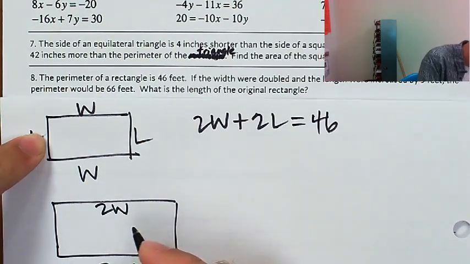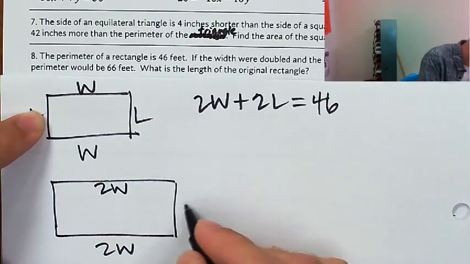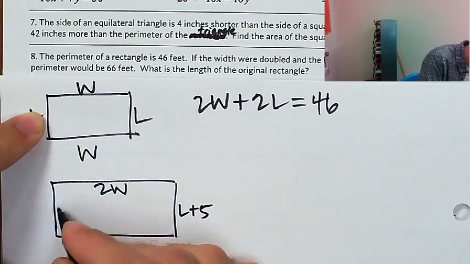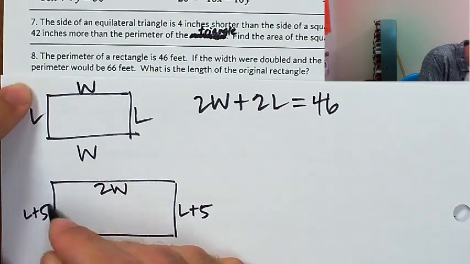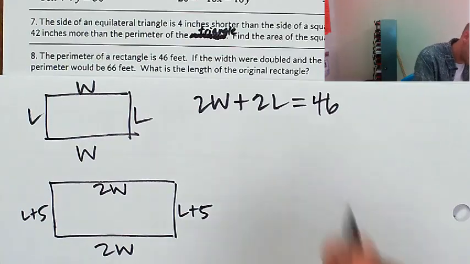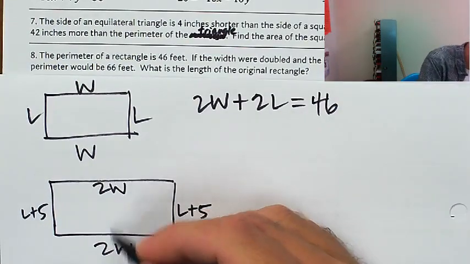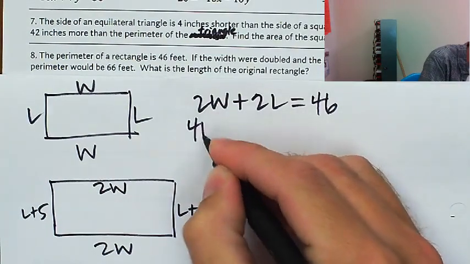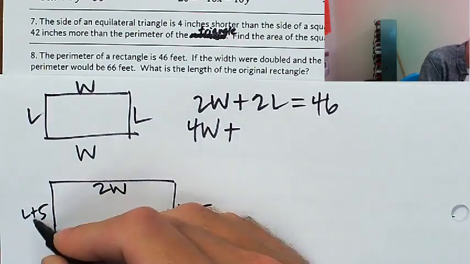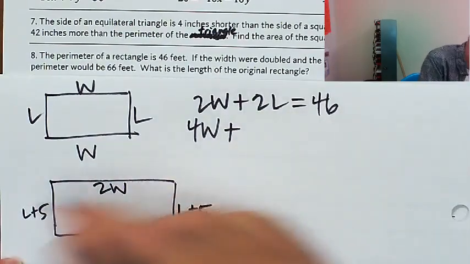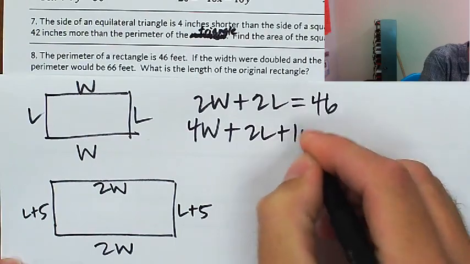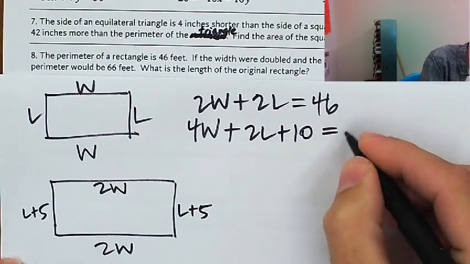And the length were increased by 5, then the perimeter would be 66. Well, 2W plus 2W is going to end up being 4W. L plus 5 is going to be 2L and 10. That's going to be 66.